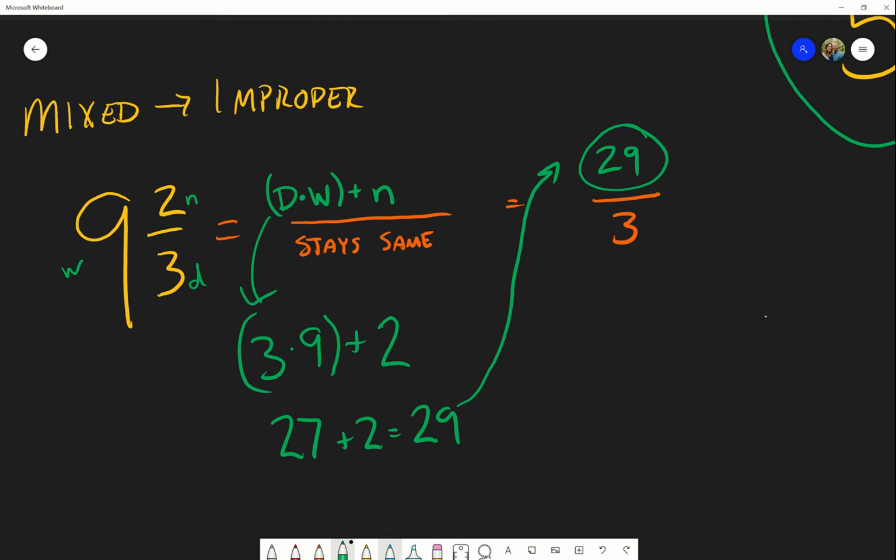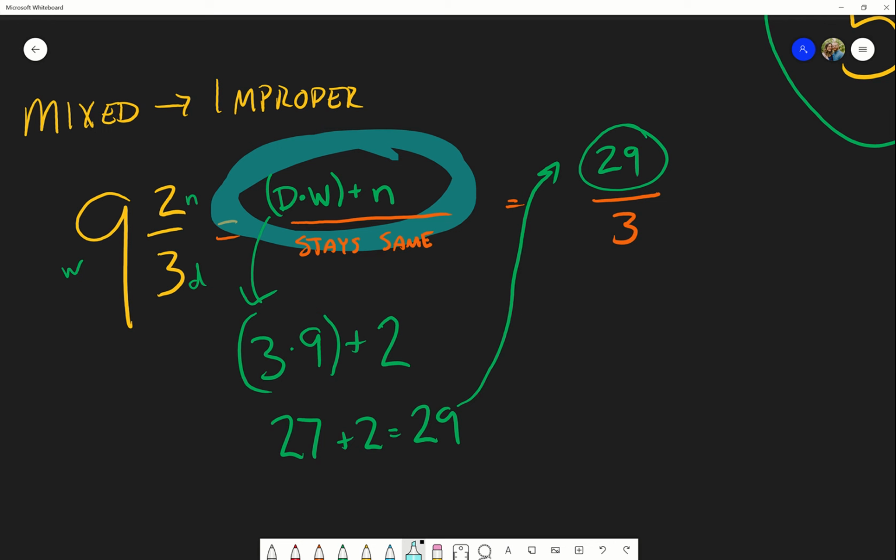If I were you, I would probably want to write this equation down right here so that we know how to find our new numerator. Denominator times whole number, and then add that to your numerator. I know it uses letters, but I tried to make the letters just be exactly what they were supposed to be.